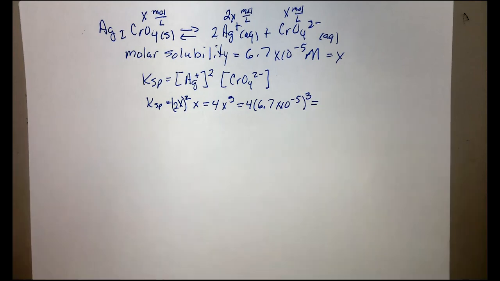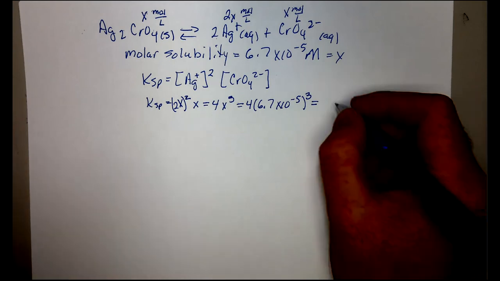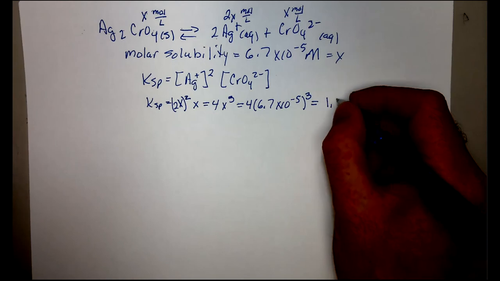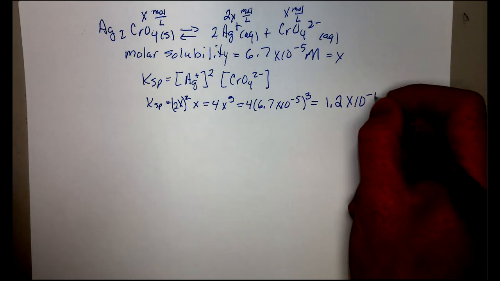So then we have to run that through our calculator. So 6.7 times 10 to the negative fifth quantity cubed. Multiply that result by 4. We'll get 1.2 times 10 to the negative 12th.